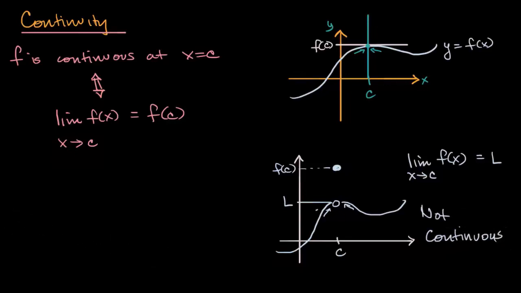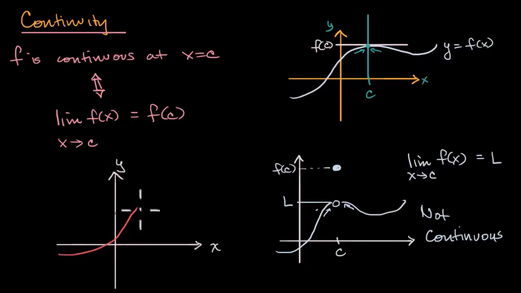And let's think about another scenario, maybe a scenario where the two-sided limit doesn't even exist. So there are my axes, x and y, and let's say it's doing something like this, and then it does something like this and goes like that. And let's say that this right over here is our c.